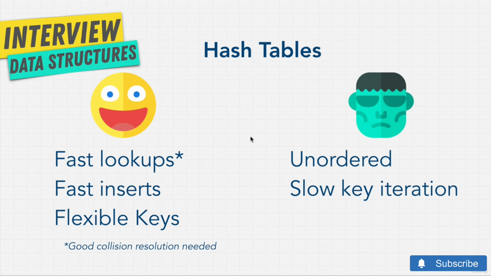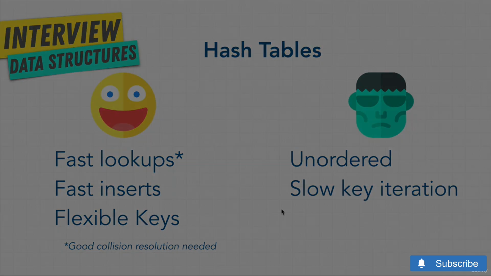The downside with hash tables is that it is unordered. It's hard to really go through everything in order, and also it has slow key iteration. That is, if I want to grab all the keys from a hash table, I'll have to go through the entire memory space as we saw when we built our own hash table.